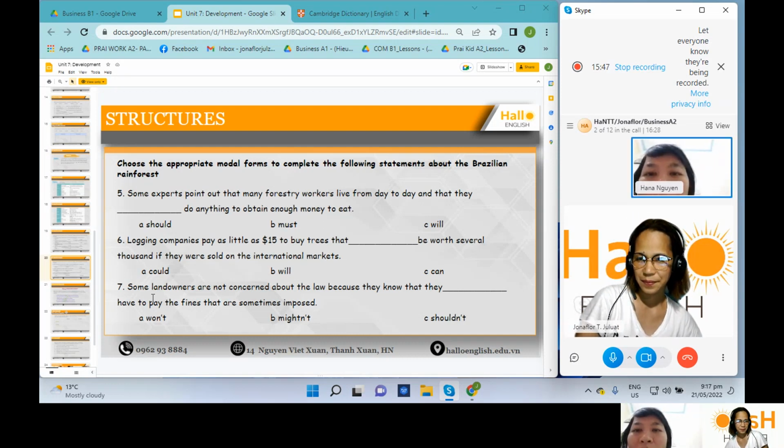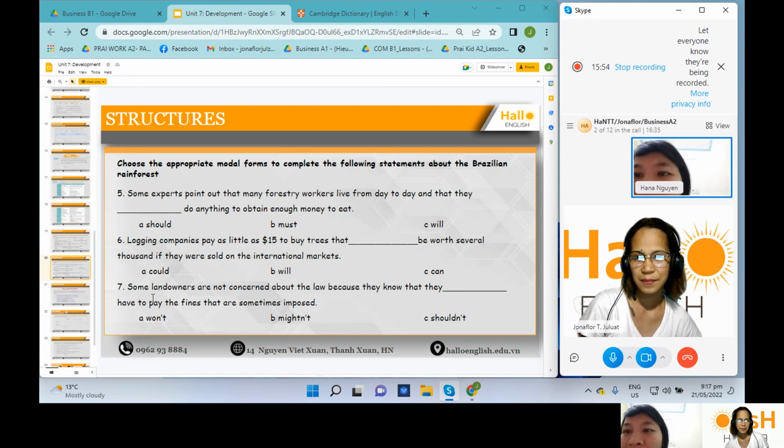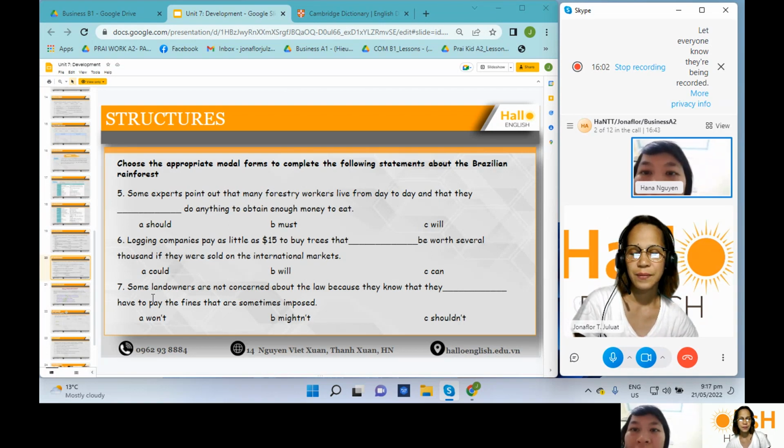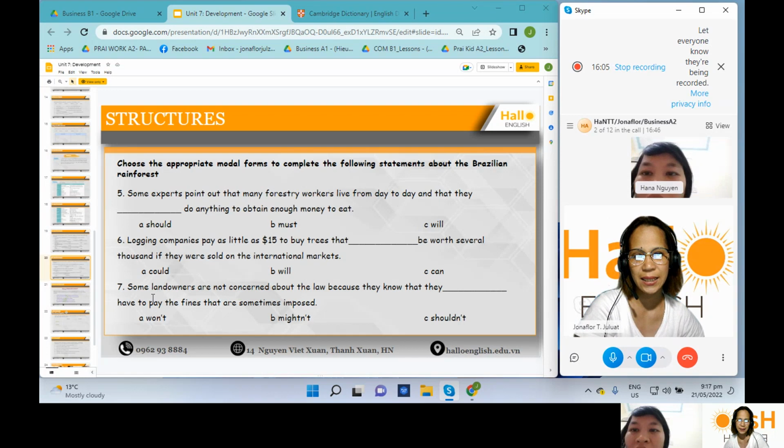How about number five? Some experts point out that many forestry workers live from day to day and that they do anything to obtain enough money to eat.